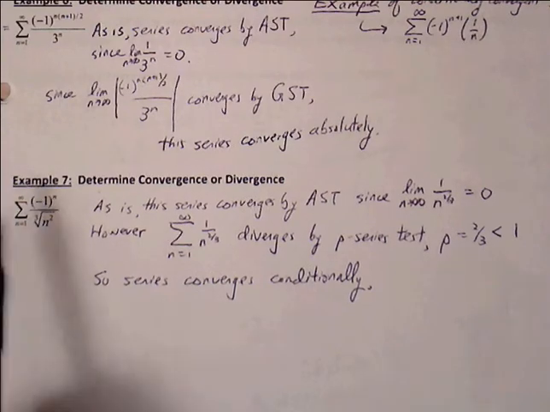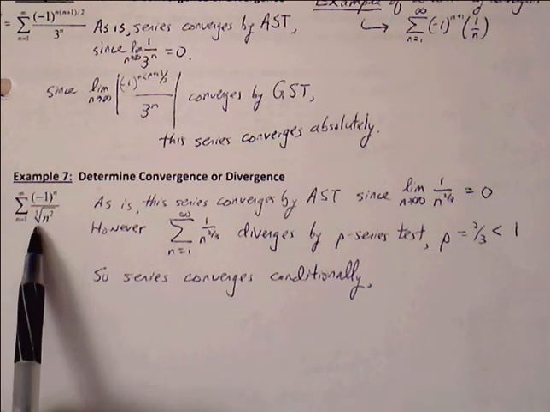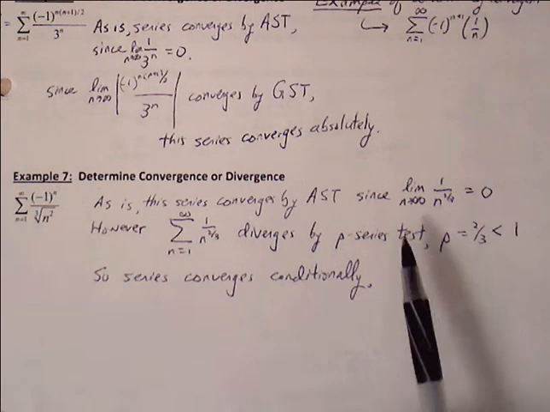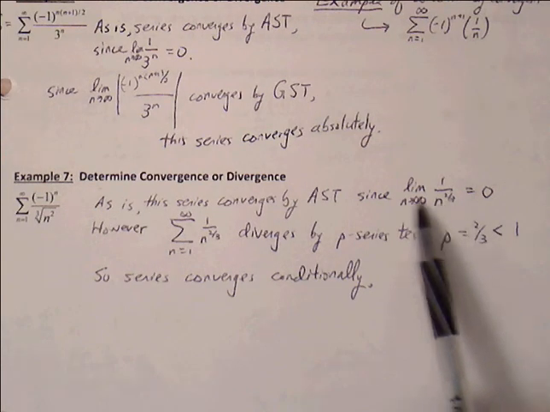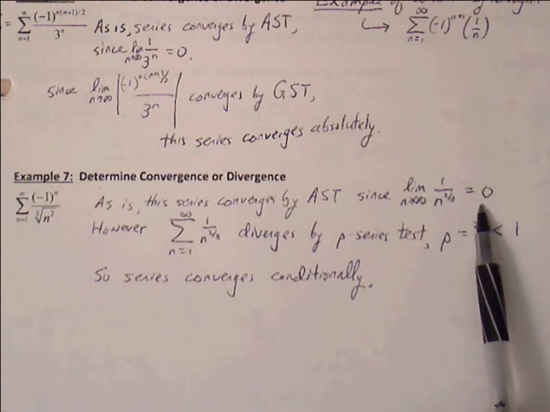Okay, example 7, the alternator is present, and we can see that this is the limit of 1 over n to the 2/3. Now, the limit as n approaches infinity of 1 over n to the 2/3 is equal to 0. Okay.